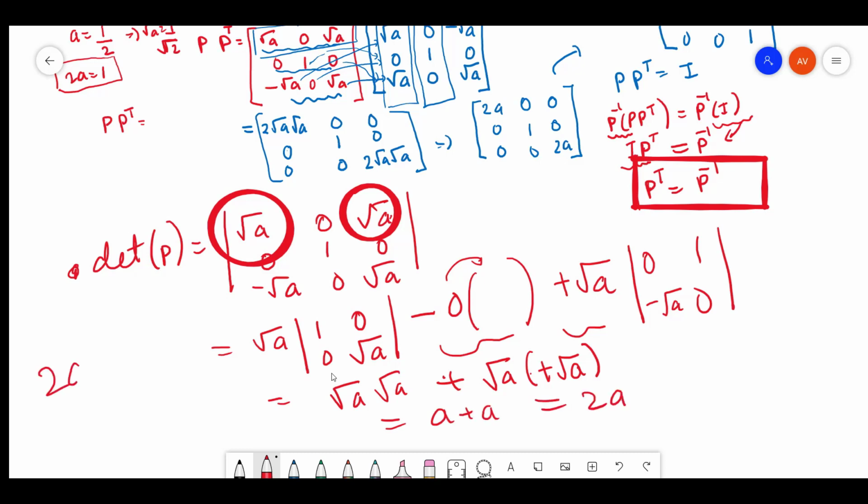According to our assumption 2a is 1, therefore the determinant is also 1.